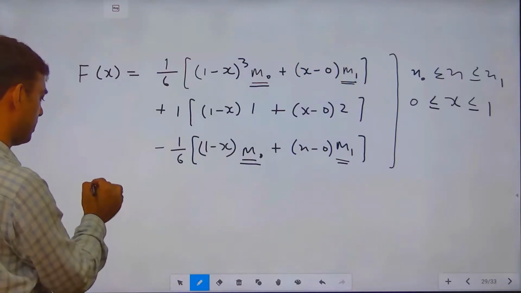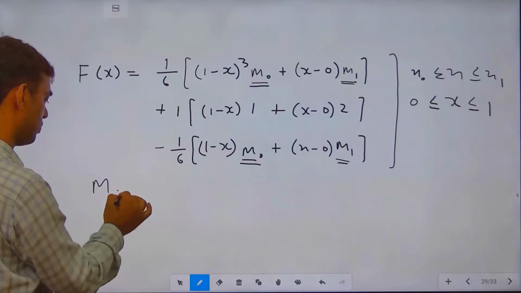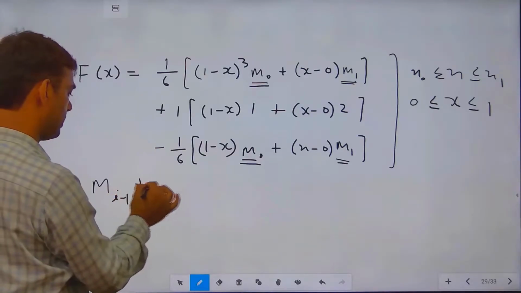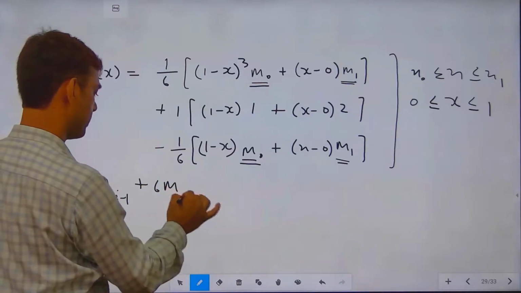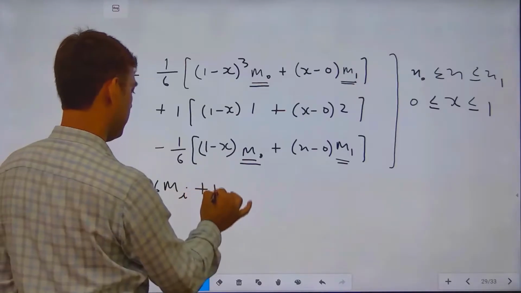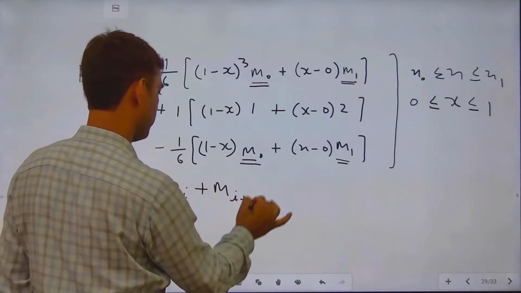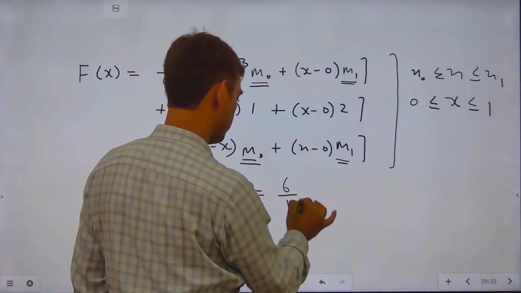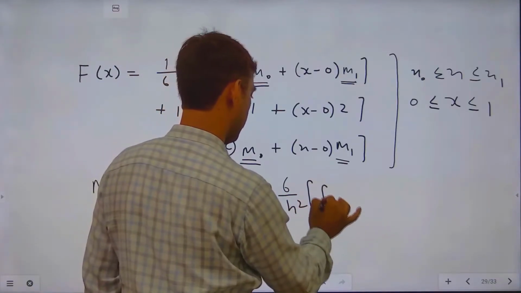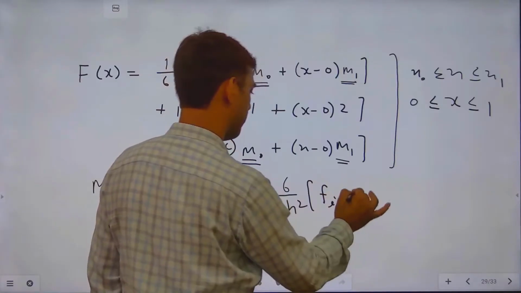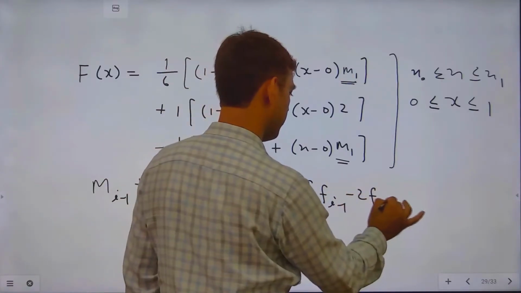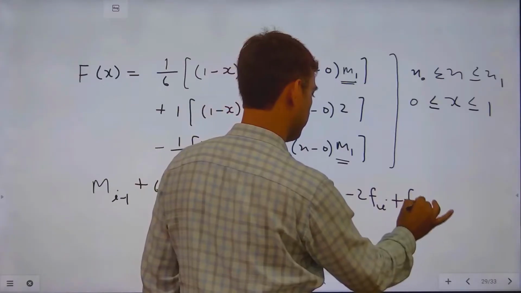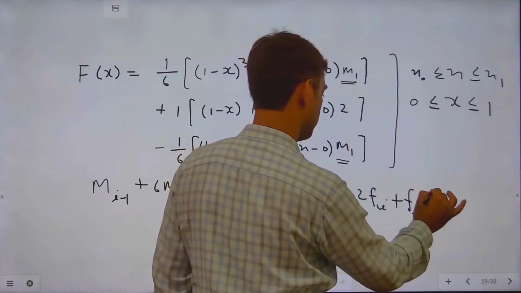This formula becomes m(i-1) plus 6 mi plus m(i+1) equal to 6 upon h square, f(i-1) minus 2 fi plus f(i+1).